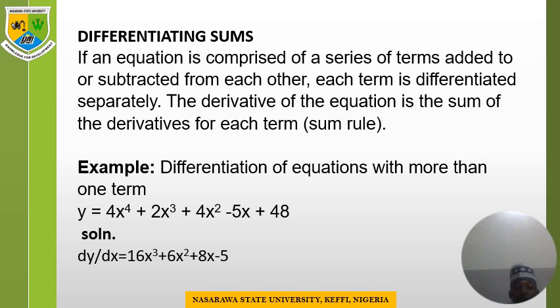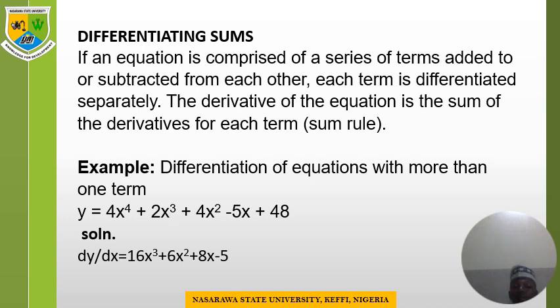Looking at the example, differentiation of an equation with more than one term: y is equal to 4x raised to power 4 plus 2x raised to power 3 plus 4x raised to power 2 minus 5x plus 48. From the equation, you are differentiating y in respect to x, and our solution here is dy all over dx is equal to 16x raised to power 3.